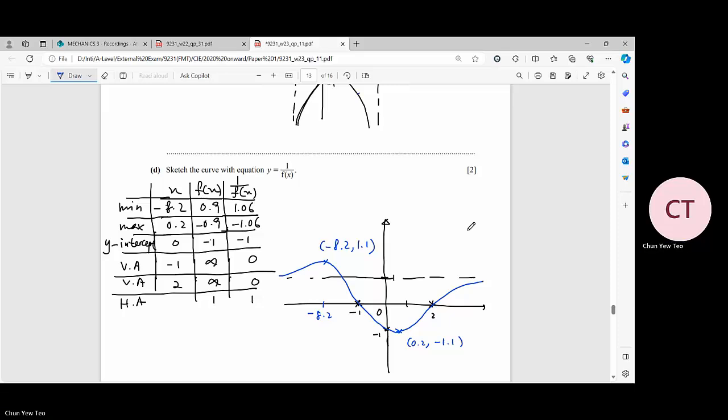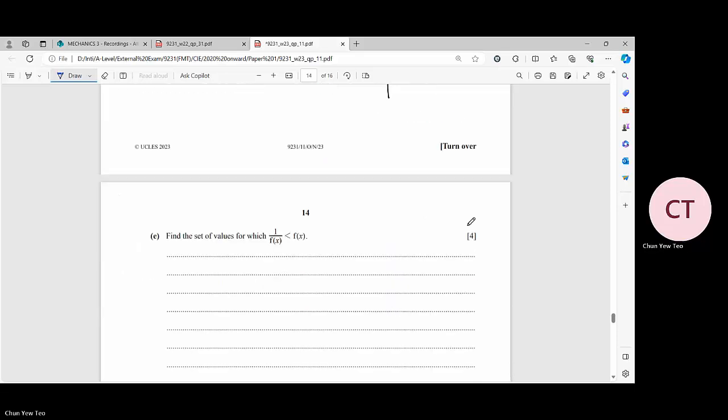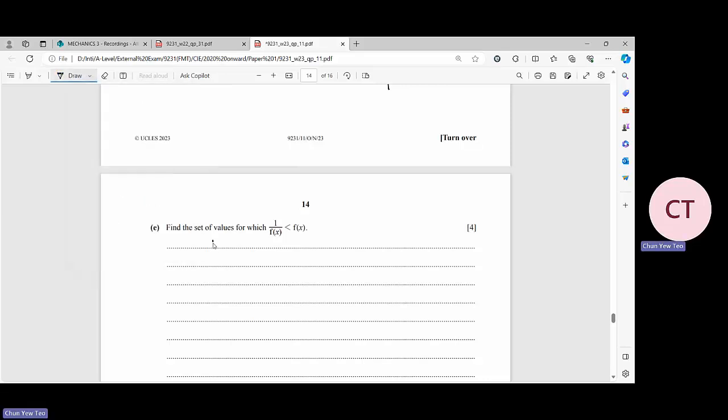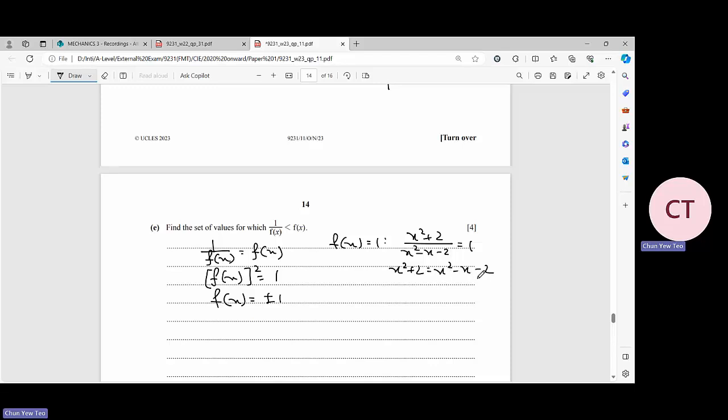Okay, then for E, for question E, to solve this question, I let them equal first. To let them equal, then I have (f(x))² equal to 1. That means I have f(x) equal to positive or negative 1. So f(x) equal to 1. I have (x² + 2)/(x² - x - 2) equal to 1. Then I have x² + 2 equals x² - x - 2.